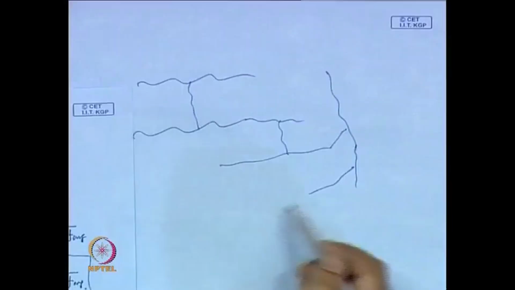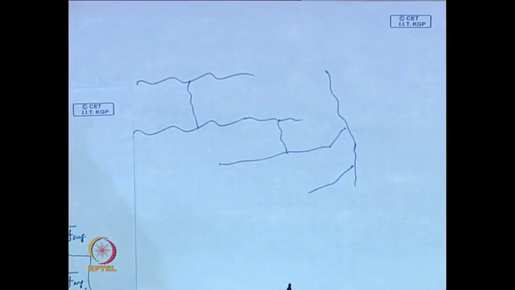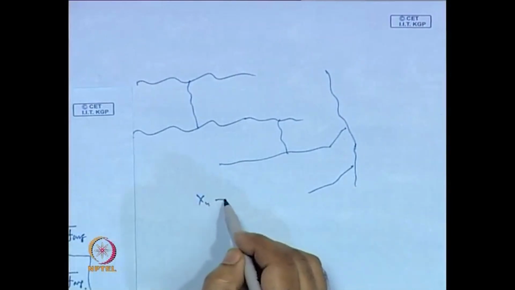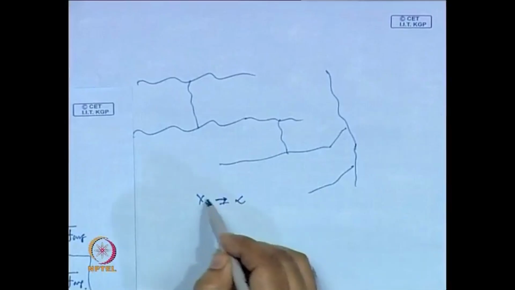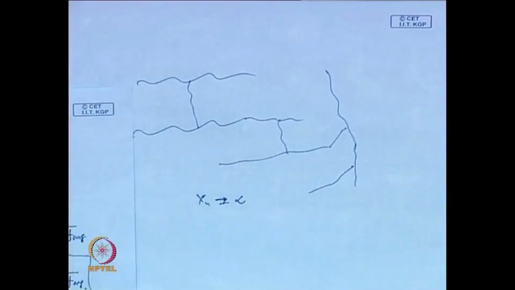Gel formation means the material is not soluble in the medium, it is insoluble in any solvent or in bulk as well. So when the molecular weight becomes infinity, Xn becomes infinity, that means the entire polymer is cross linked with each other, and the first sign of gel formation happens. We call that the gel point.